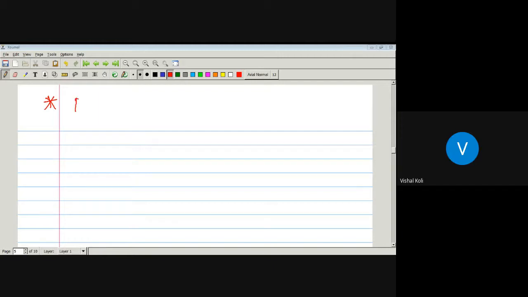Okay, now the next theorem. That is the fundamental theorem of arithmetic. This one is an important theorem. First, we will see the statement of this theorem.